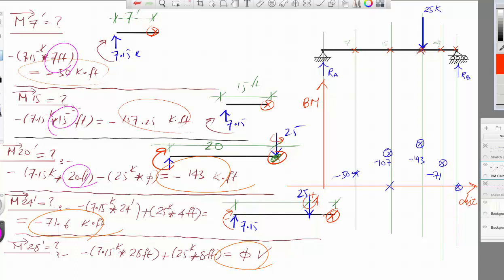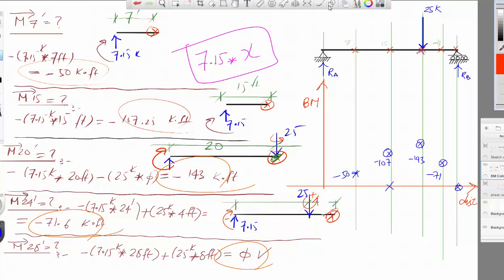These are the x's. So I could write this equation as 7.15 multiplied by x. If you remember from calculus, this is a linear equation. A linear equation means a line. So this proves to us that this is a line.